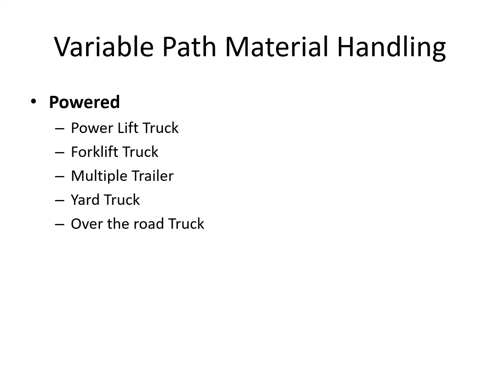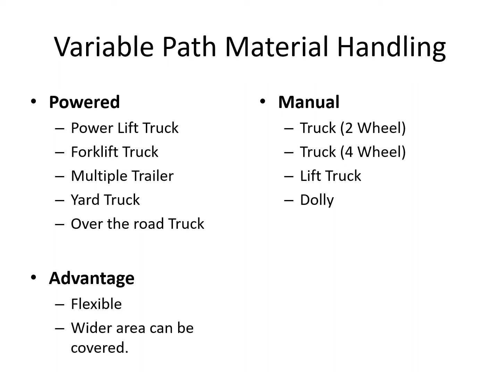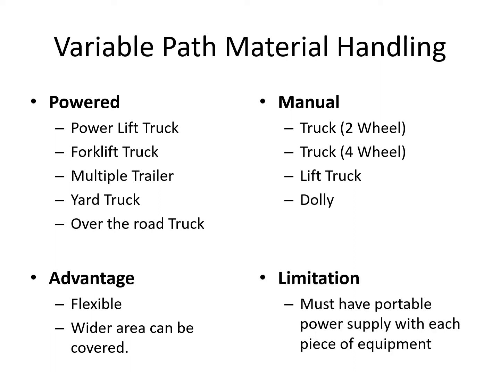So among the variable path material handling equipments, we may have the powered equipments which may be the power lift truck, forklift truck, multiple trailer, yard truck or over the road truck, or the manual powered equipments, which could be the simple truck, the pallet truck, lift truck, dolly, and the like. The advantage of variable path material handling equipment being that it is much more flexible and it covers a wider area. The disadvantage being that each and every equipment must have a portable power supply to power the equipment.